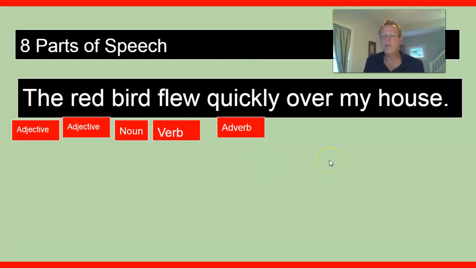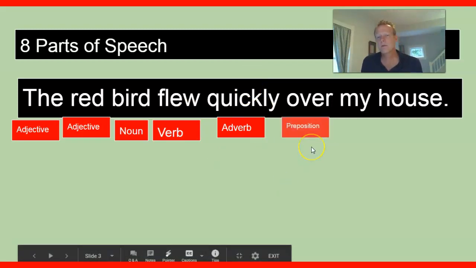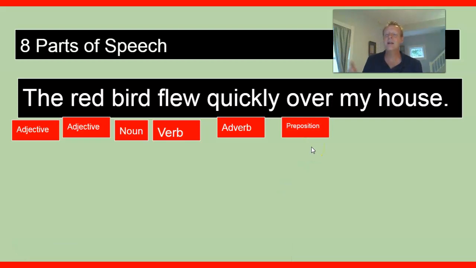Over, over my house. This is a preposition. Remember, we said prepositions show the relationship between two things, two nouns or pronouns. So over is showing the relationship between the bird and the house. It's a preposition.